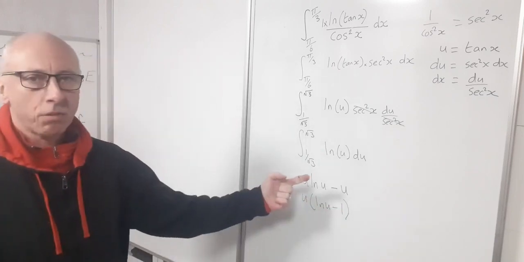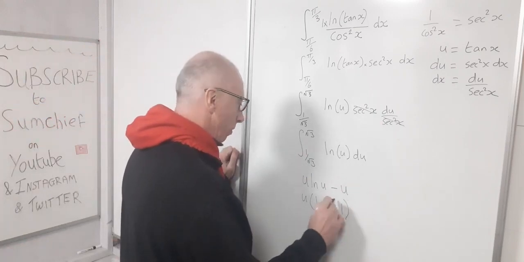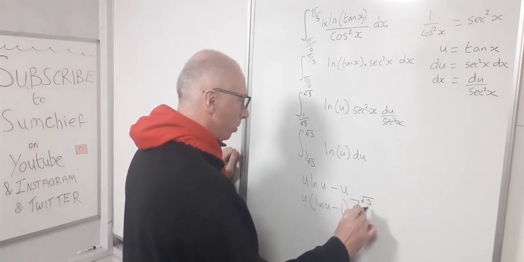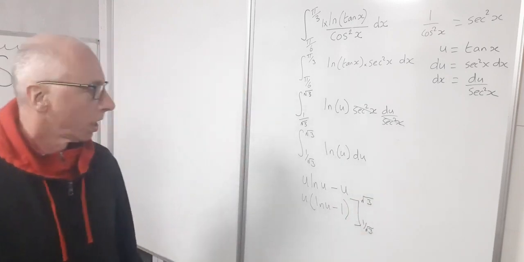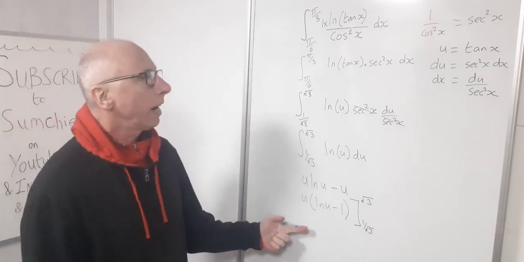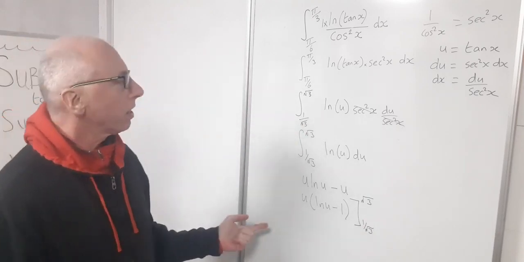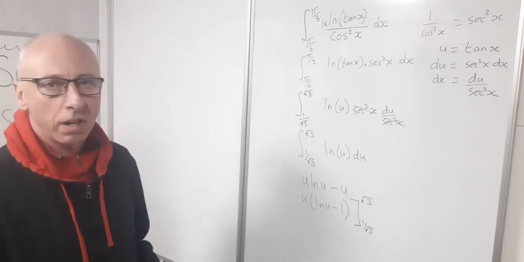So that's our integral there, and then not forgetting our parameters. So whichever one we want to choose, let's choose this one, and that's from square root of 3 to 1 over square root of 3. Okay, so what I'm going to do now we've done the integration, we need to find our value. So I'm going to take this off the board, bring it up to the top, and let's calculate the value of our integral.